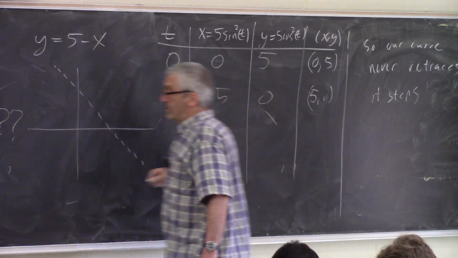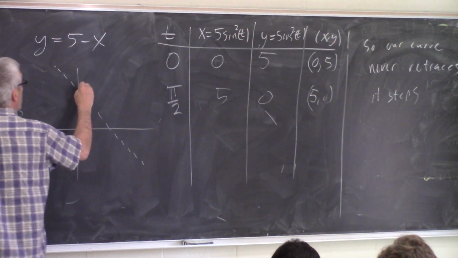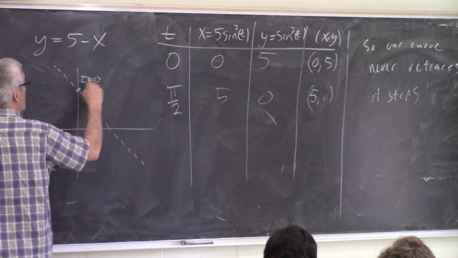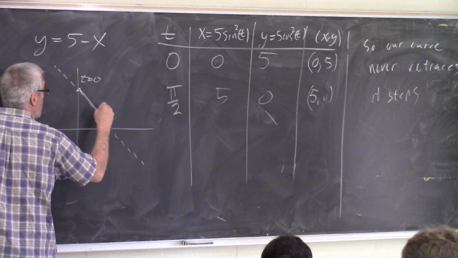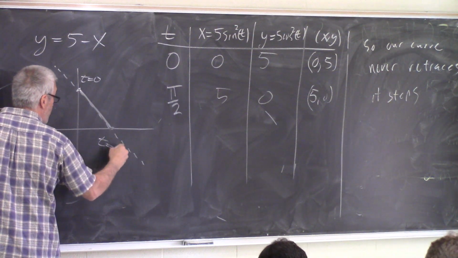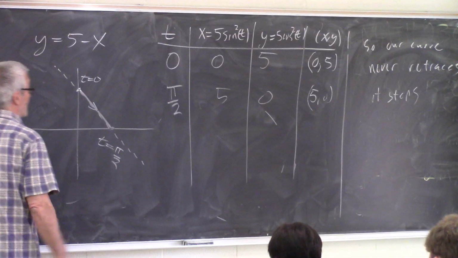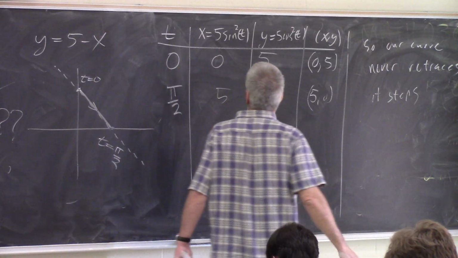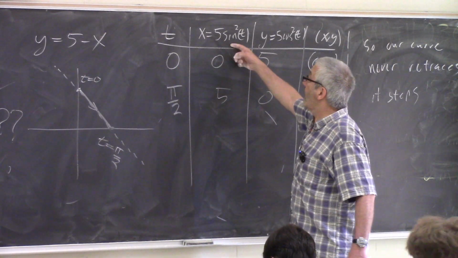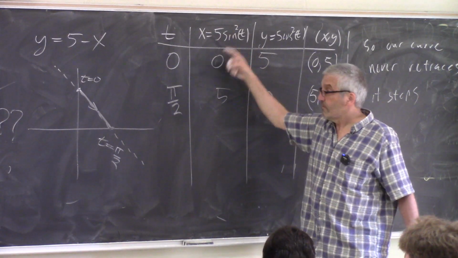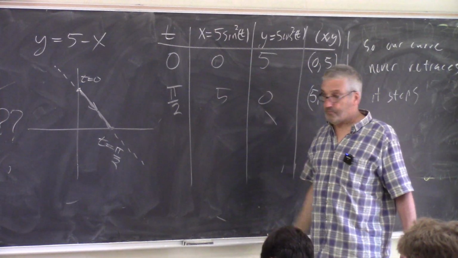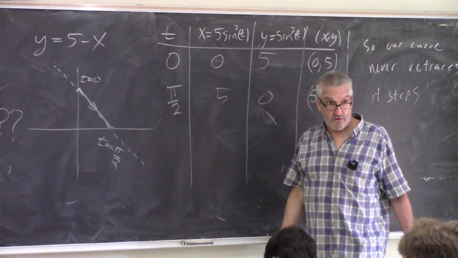So on my diagram, this is time equals 0, and by time pi over 2, the object has gotten down to here. Now, it's not retraced itself any time between then, because sine is growing from 0 to 1 during that time interval. What's the next interesting time that I should look at?